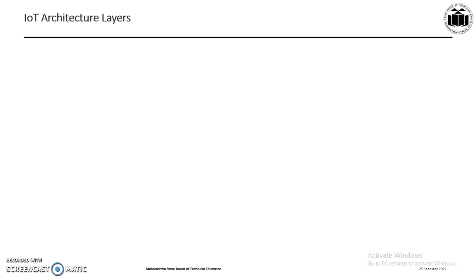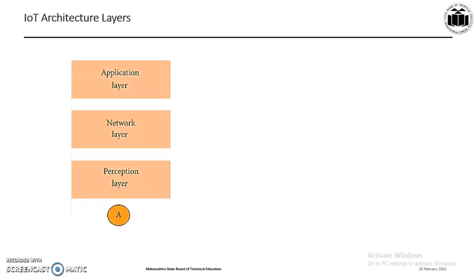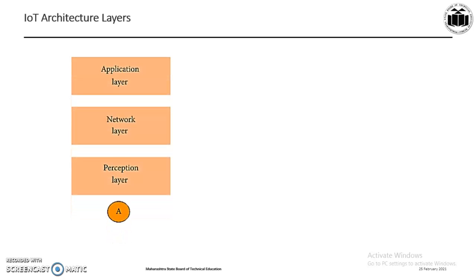Now let us look at the IoT architecture layers. The most basic architecture layer is the 3-layer architecture as shown in figure A. It was introduced in the early stages of research in IoT. The 3 layers are perception layer, network layer, and application layer. Perception means the ability to understand the thing, that is, it is a sensory experience of the world.